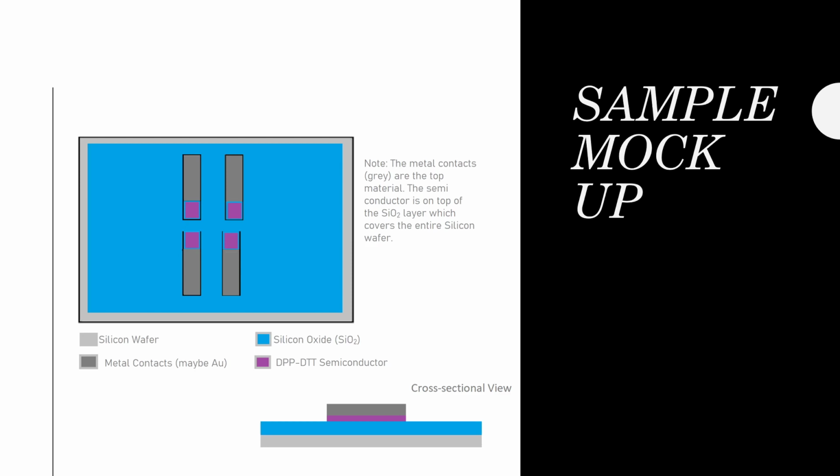The DPP-DTT semiconductor layer was the layer that was meant to be transferred over from a different surface on top of our main sample using the PDMS stamp. And then once the semiconductor has been transferred, we coat the metal contacts on top of it.